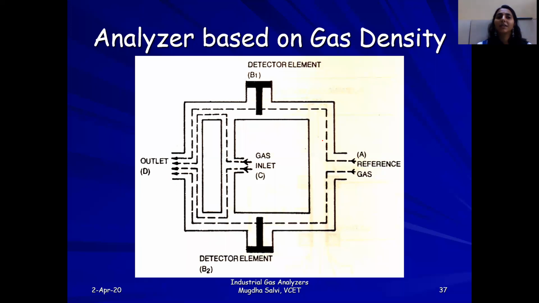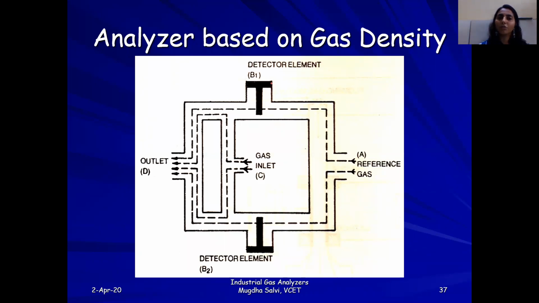Now the next gas analyzer is based on gas density. Every gas has a different density. One gas will be either lighter or heavier as compared to the other. So taking advantage of this density difference, this particular density analyzer has been developed.